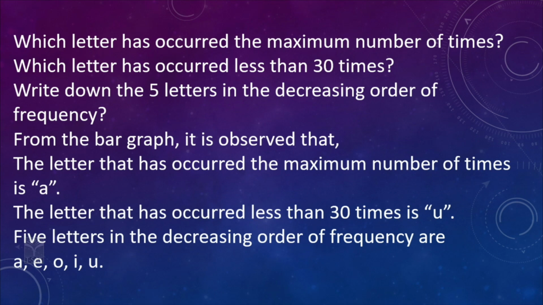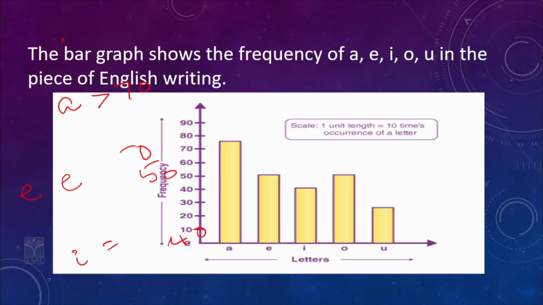Next, the 5 letters in the decreasing order of frequency. First one we will consider as A, correct? The next one is E. Next comes O, next comes I, and the next comes U, correct?